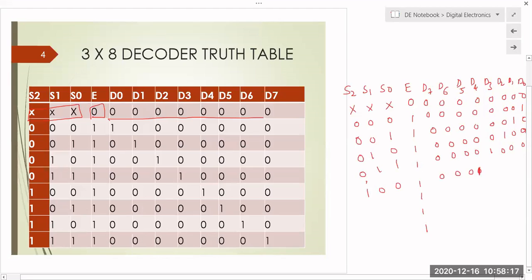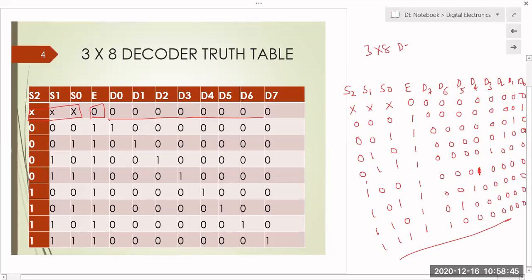Okay, so this is 1 and the remaining all are zeros. And 1 0 1 D5. D5 is 1, and the remaining all are zeros. And 1 1 0 D6, sir. D6. Okay, this one. Next 1 1 1 D7. D7 is 1 and the remaining all are zeros. Okay, this is the truth table for the 3/8 decoder.